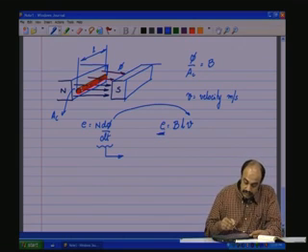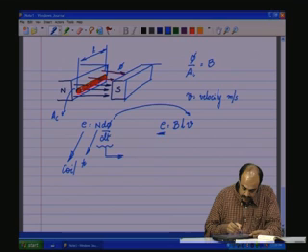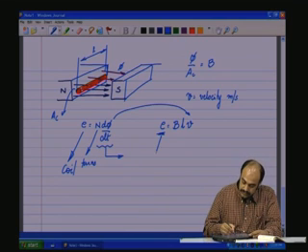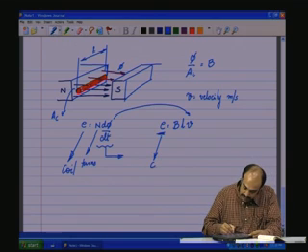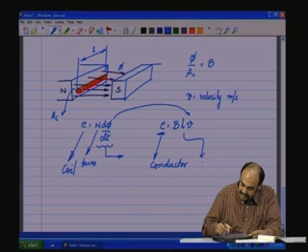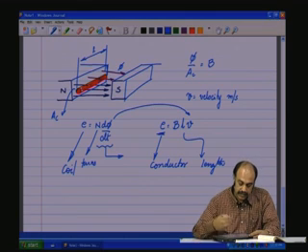So, the induced EMF in the conductor, this gives the induced EMF in the coil, which has N turns. This gives the induced EMF in the conductor, which has length L, moving at speed V meters per second.